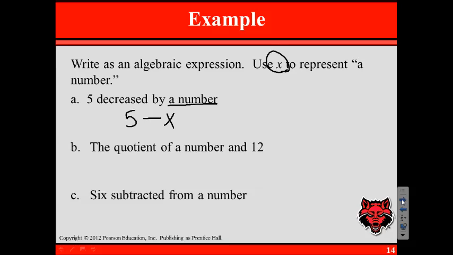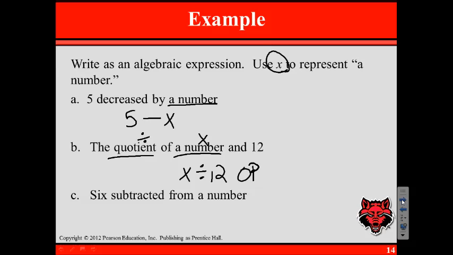Part B, the quotient of a number and 12. Quotient means division. Now division we can write one of two ways. We can actually use the division symbol, or we can write it as a fraction. I will do both just so we can see that. So the quotient of a number, which is x, and 12. That would be x divided by 12.